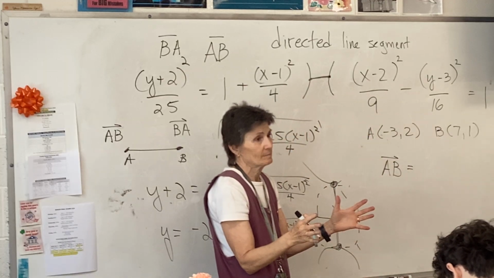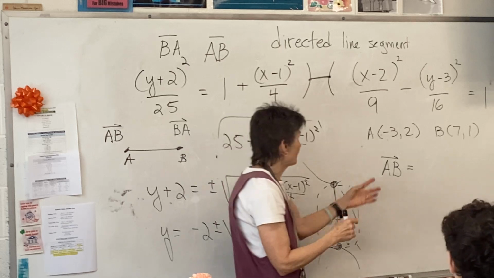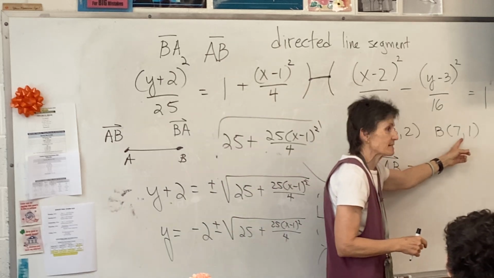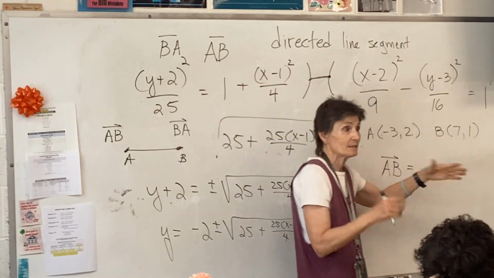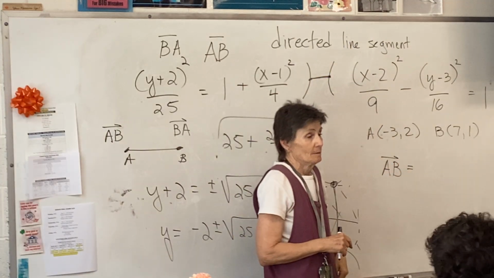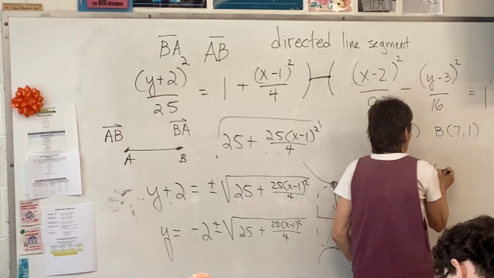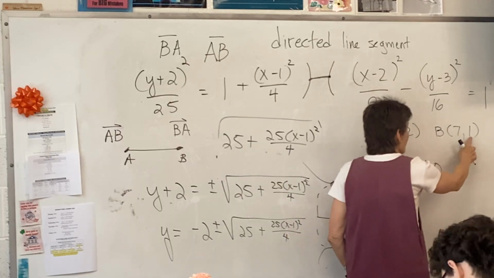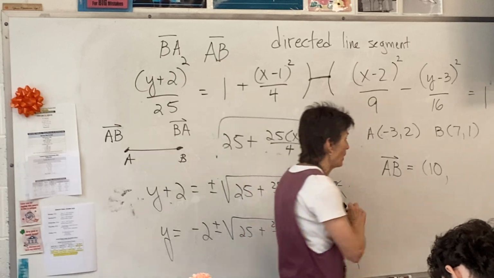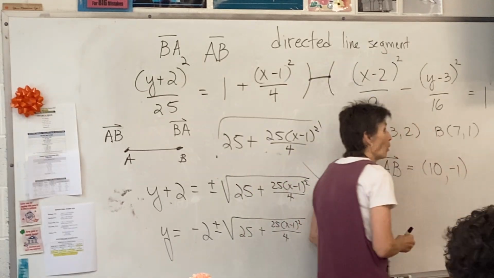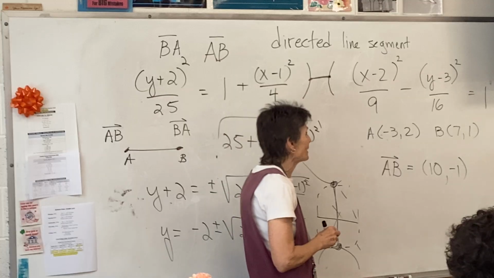It's so easy. How does this vector move? It goes from -3 to 7. I'm looking at the x's. -3 to 7 is how far? 10. 2 to 1. -1. And there are the coordinates of the vector.